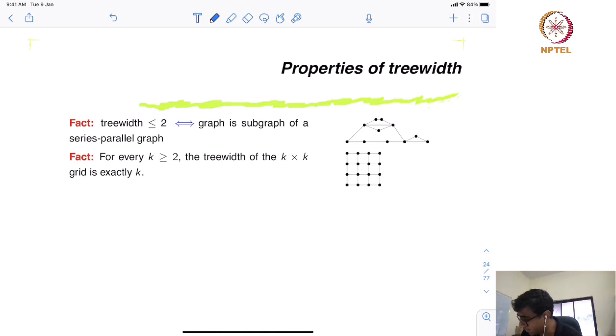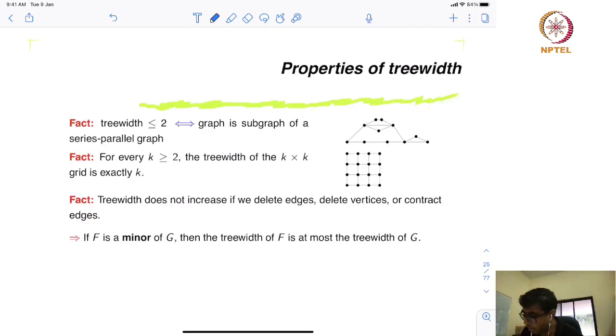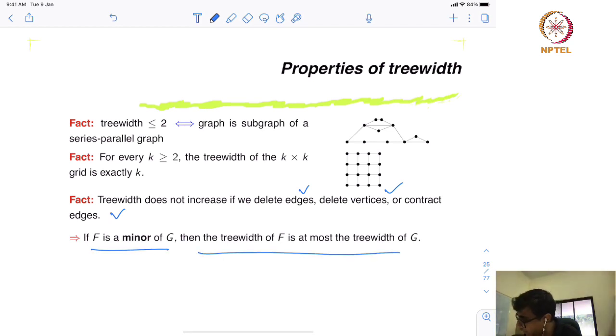So some more facts: we also know that tree width does not increase if we delete edges, delete vertices, or contract edges, and hence we have shown that if F is a minor of G, then the tree width of F is at most the tree width of G. Remember, we have already defined what it means for F to be a minor of G. How can we get F from G?